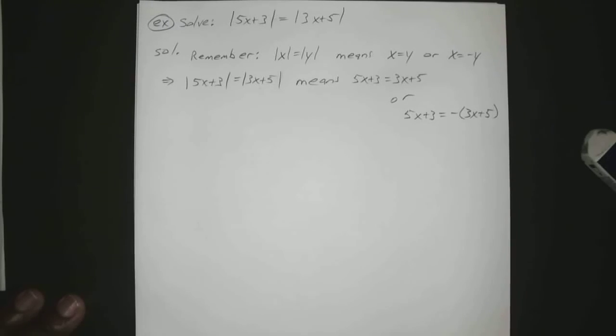When you put the negative, like the negative y, the negative applies to the whole thing, so put it in parentheses.